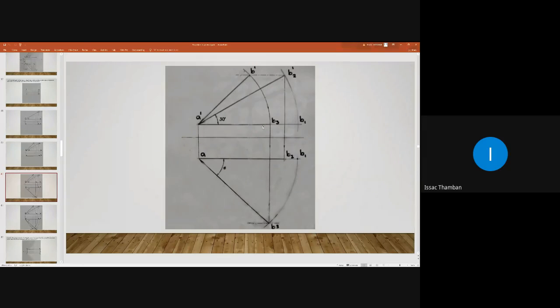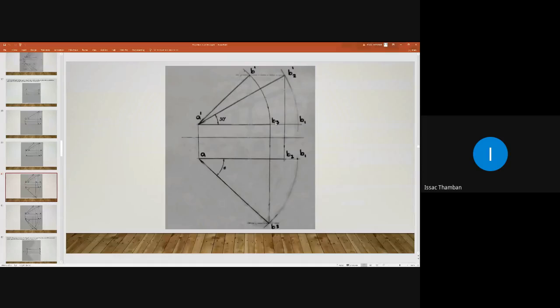So now line A dash B3 dash is parallel to HP. If a line is parallel to HP, then in the plan it should reveal its true length and true inclination. From point B3 dash, you draw a vertical projector line like this. And we know that point B3 will be on this side.